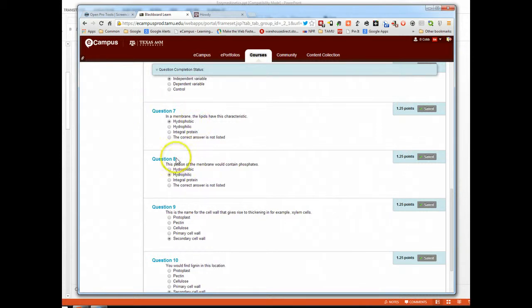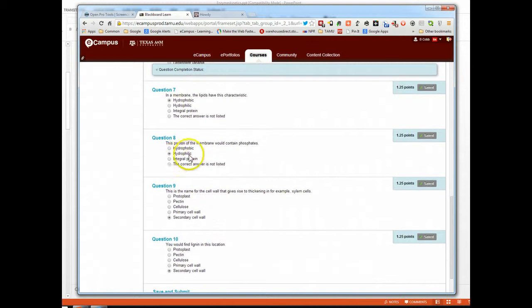Okay, and I'm just looking right here. Somebody would come up and say this portion of the membrane would contain phosphate. You could probably come and argue and show me an example of a protein that's been phosphorylated. But I would not.